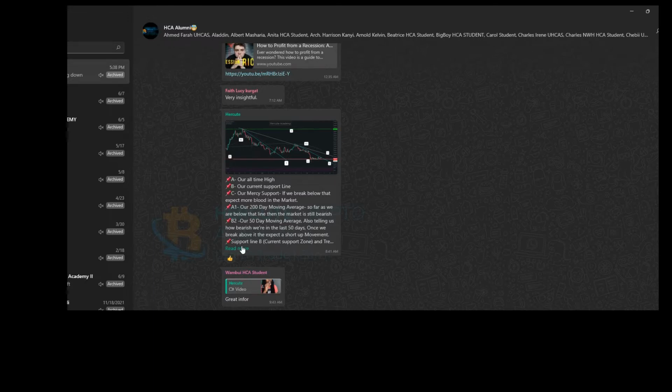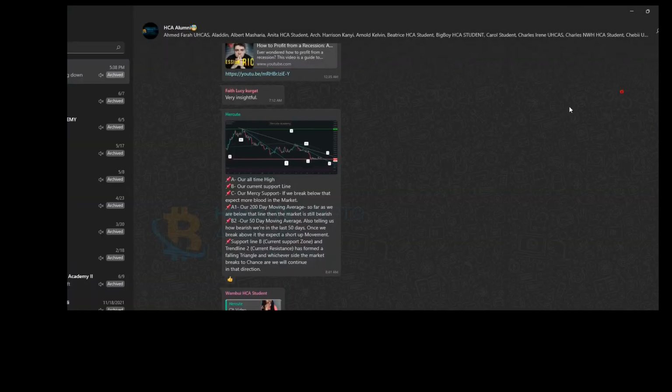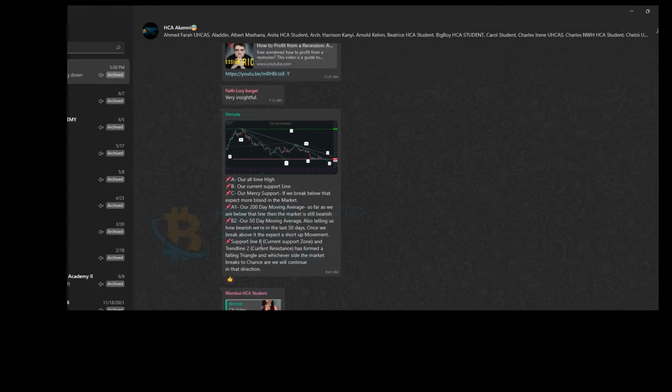Now, support line B, current support, which was the red line here, the current support zone, and the trend line 2. The trend line 2 is this one, the blue one here that I was telling you about. The trend line 2 current resistance has formed a falling triangle.